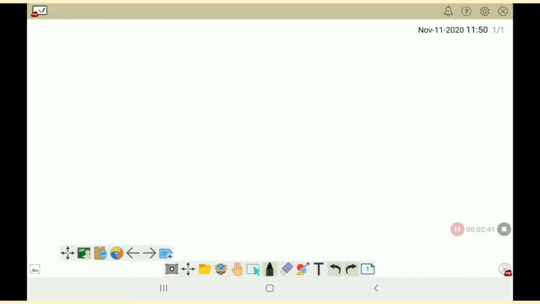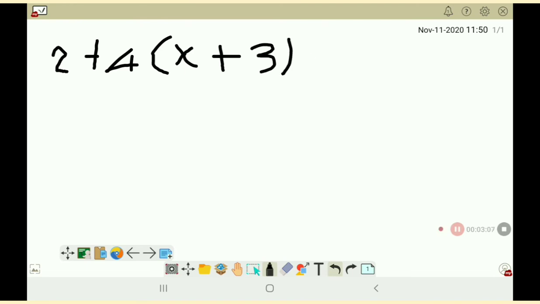Okay, we're going to extend the question a bit. Let me just leave it as x. So 2 plus 4 times x plus 3 take away 2. Since we're using the distributive property, we cannot add this 2 plus the 4 first.